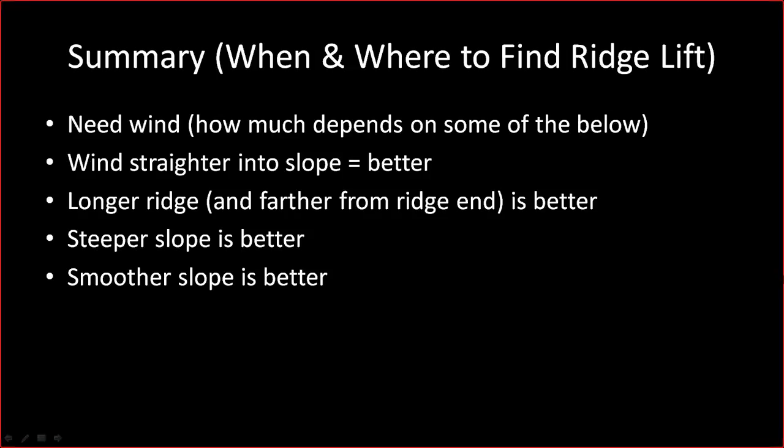So some rough numbers: 10 to 15 miles an hour, most average ridges work. 5 to 10 miles an hour might get you some usable ridge lift if the ridge is particularly steep. Only the shallowest ridges need 20 miles an hour to be soarable. So there's some rough numbers, assuming the wind is straight in.